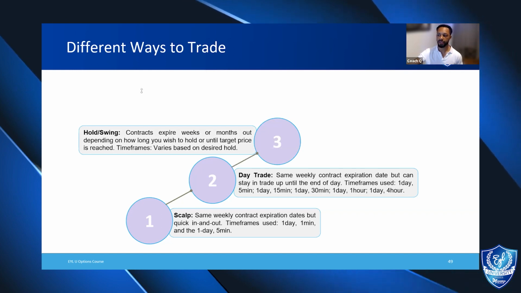Next is really the swing trader. You may have heard us reference what swing is when it comes to options, and how you can use this strategy if you're looking to position yourself in a contract that has a longer expiration date. Normally the expiration date is within a week or month, but it really depends on how long you wish to hold and what your target price is, right?